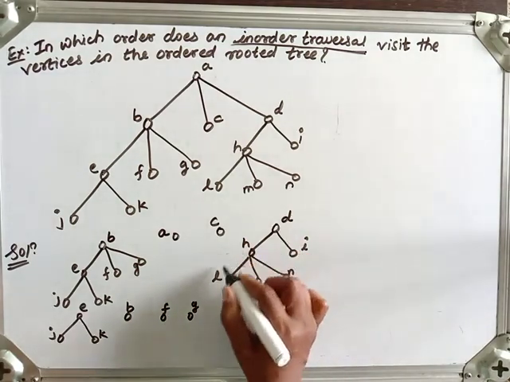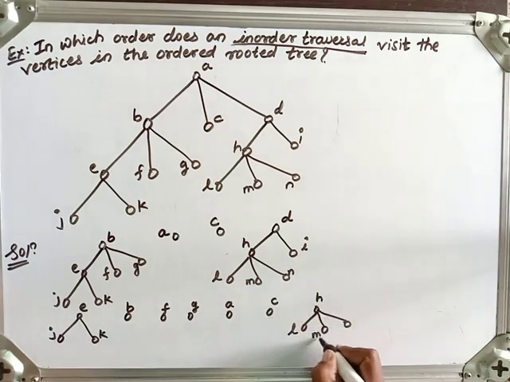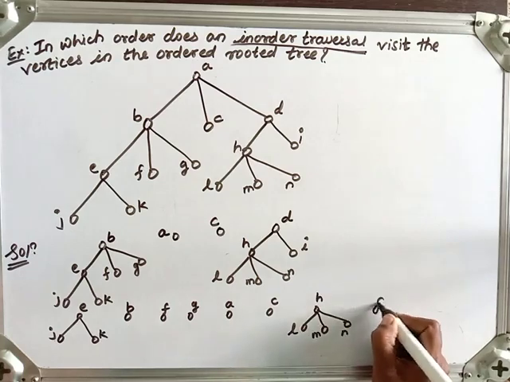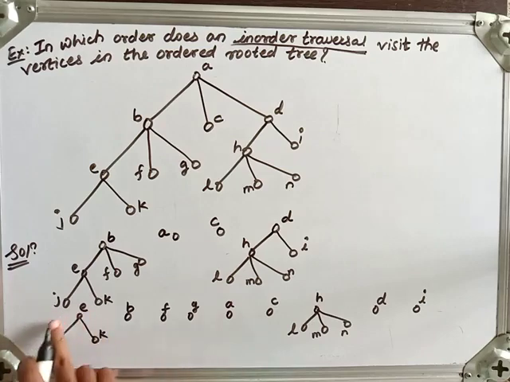Here again the subtree of H we have to take: L, M, N, then D and I. Now again follow the same for this, our second step.